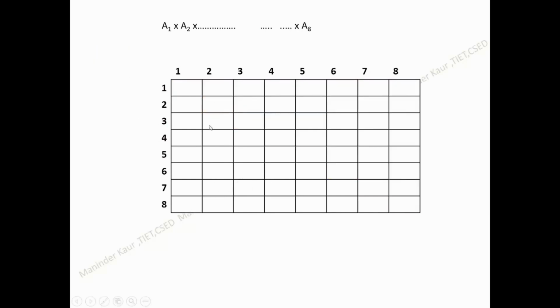Let the array name be M. If you want to multiply, say, a total of 8 matrices in the form of a chain, A1 multiplied by A2 through A8, we'll create an 8 by 8 two-dimensional array. You will only be filling the values on the diagonal and upper diagonal. Now, how to fill them in, we'll discuss in the subsequent slides.